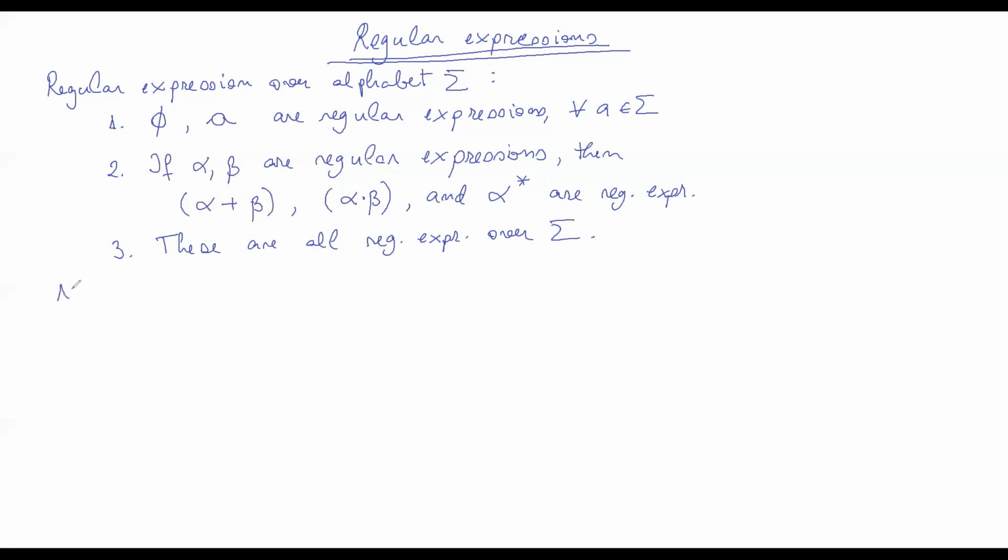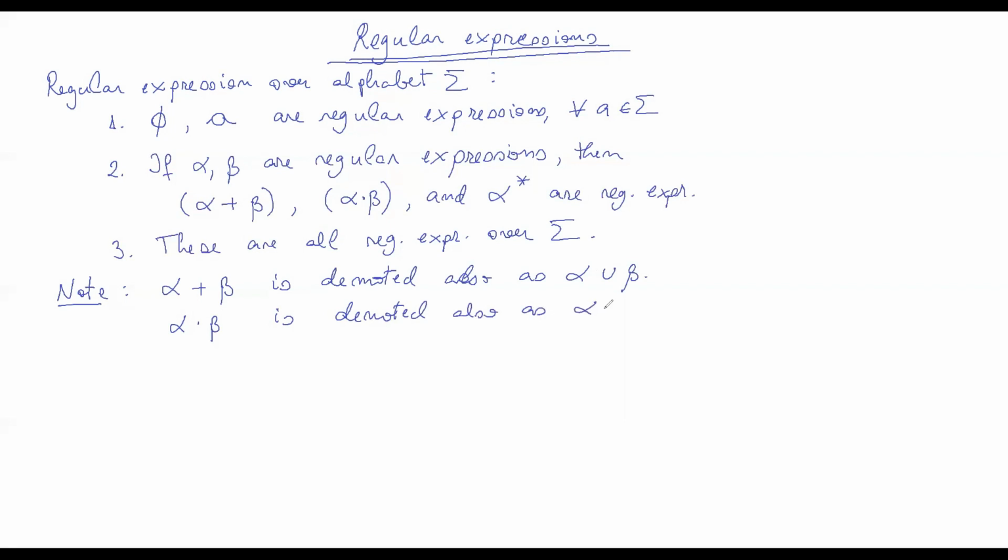So comment here is that alpha plus beta is sometimes denoted also as alpha union beta, and in fact in the lecture notes you have this notation, and also that alpha dot beta is denoted also as simply alpha beta, where we are omitting this dot between them.